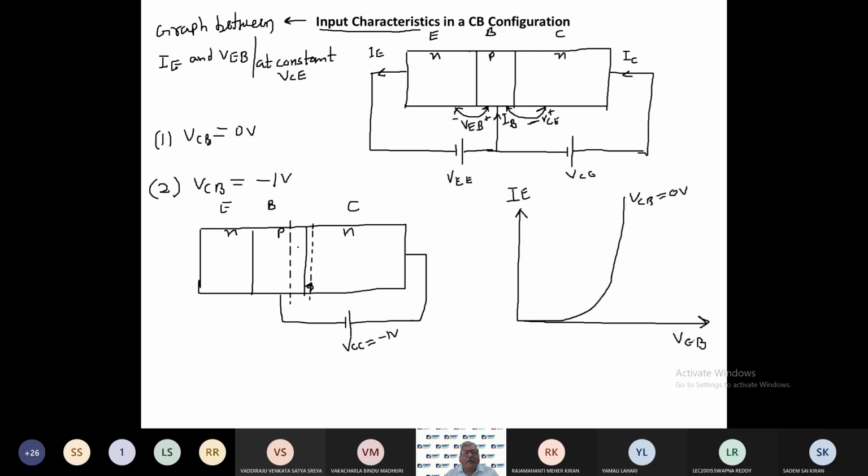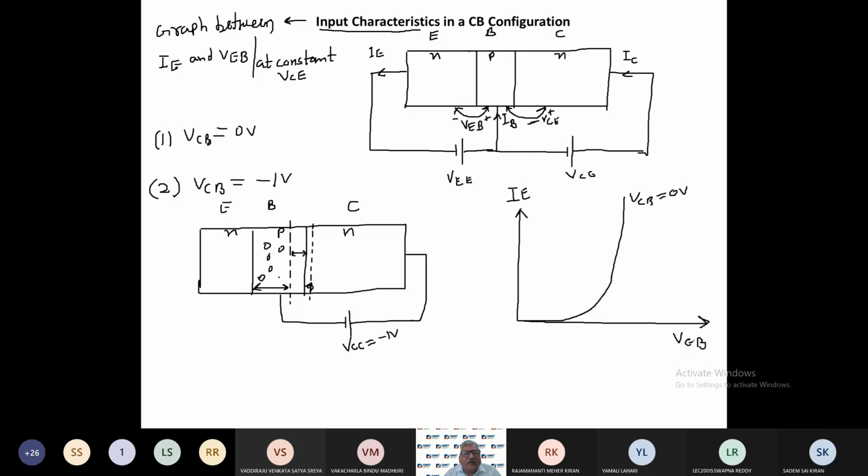So now what will happen? Here we have holes, right? The depletion layer is increased. So now the actual width of the base is this much. Earlier it was more when we had not applied any reverse bias, but now the width is decreased.